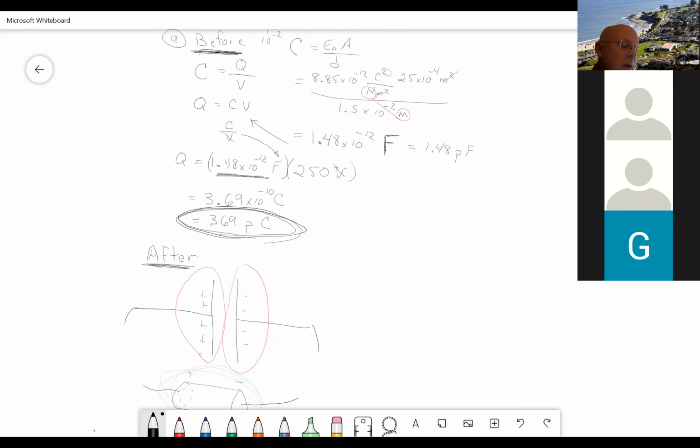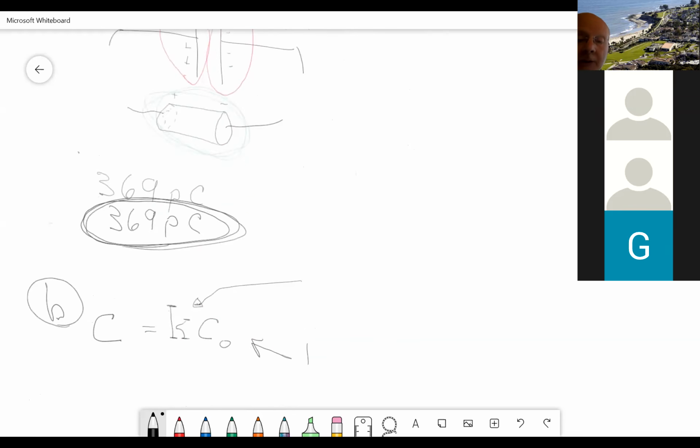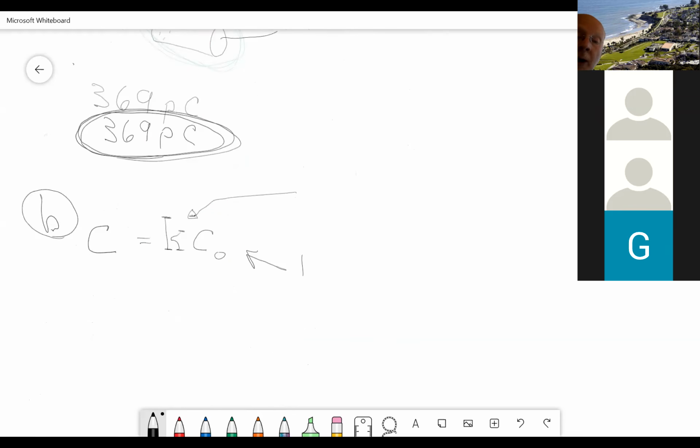Let me look back at my calculator. Yeah, that's what I got. Okay, 1.48 picofarads. That's small. And so that's what we got when it was filled with air.